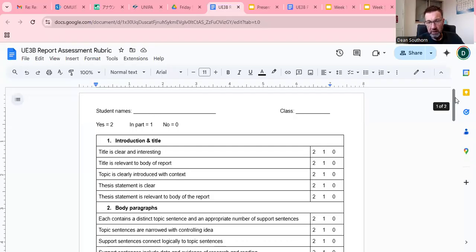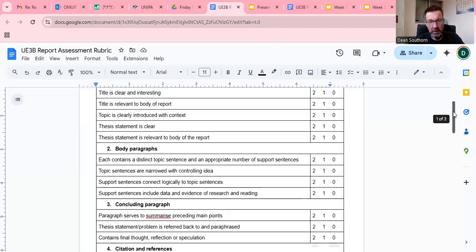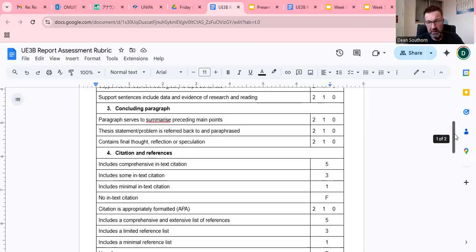You will be writing your reports now, and prior to submission, you really need to check the rubric, which is posted on the Moodle system, and it looks like this. So in this video, I'm going to take you through the different parts.